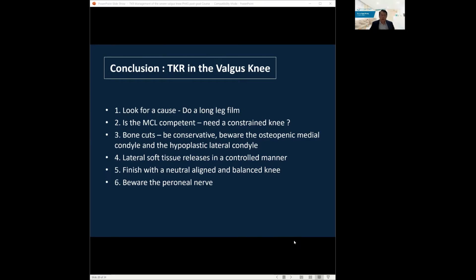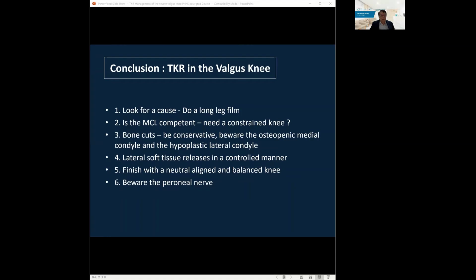Number three, the bone cuts. Be conservative. Always be aware that the lateral condyle is hypoplastic and can affect your sizing and your rotation, and the medial condyle is often osteoporotic and with the potential for collapse and fracture. Releases.